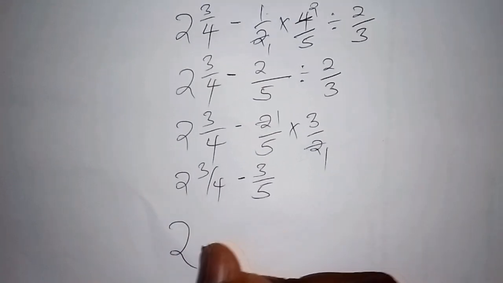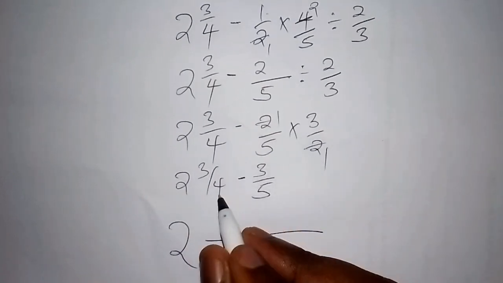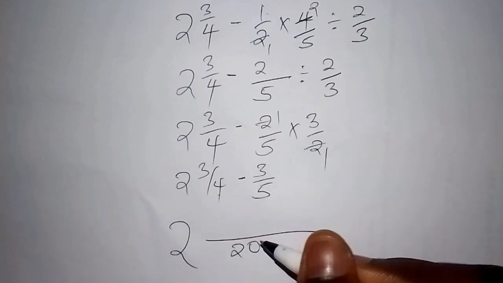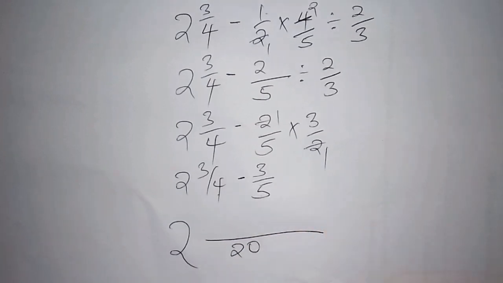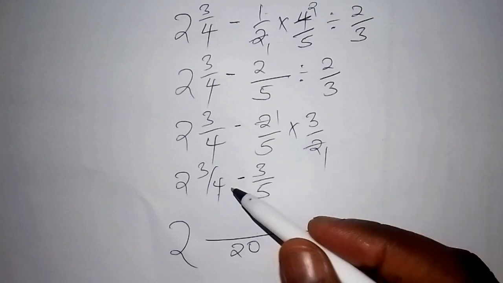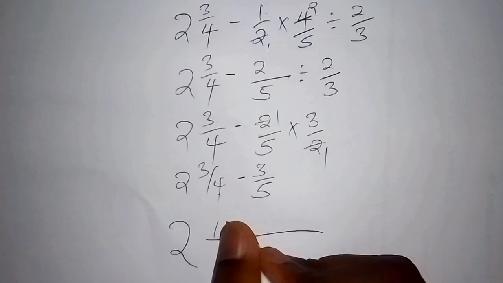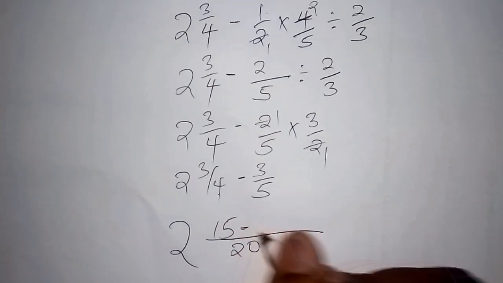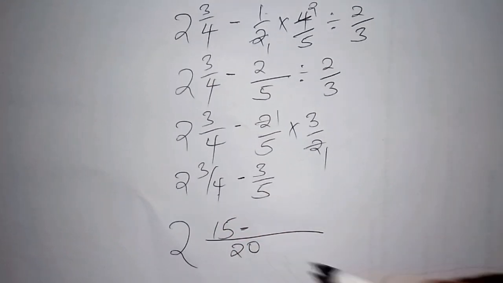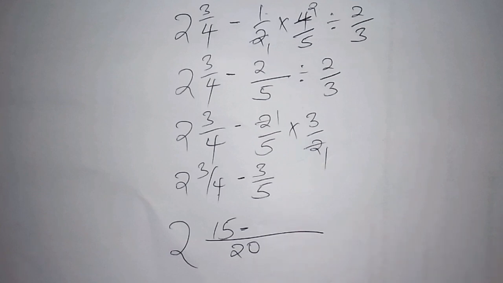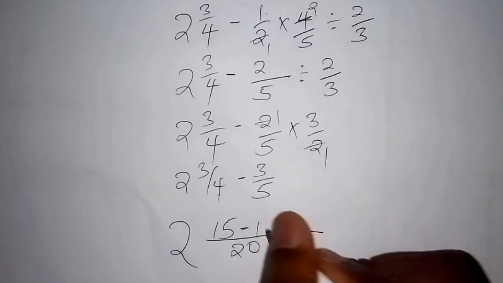Then after writing 2, we shall find the LCM of 4 and 5, and the LCM of 4 and 5 is 20. Now we check: 4 goes into 20 how many times? We shall find that 4 goes into 20 five times, and 5 multiplied by 3 is 15. So we shall have 15 minus 5 goes into 20. Same way, 5 goes into 20, sorry, not 3 but 4 times. And 4 times 3 is 12.